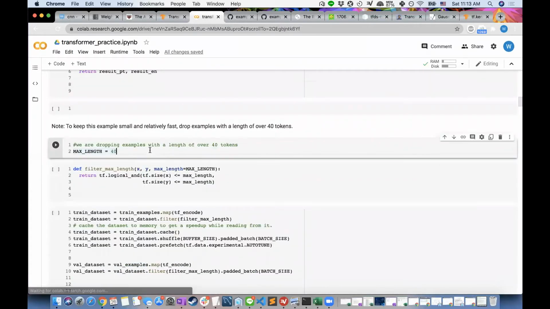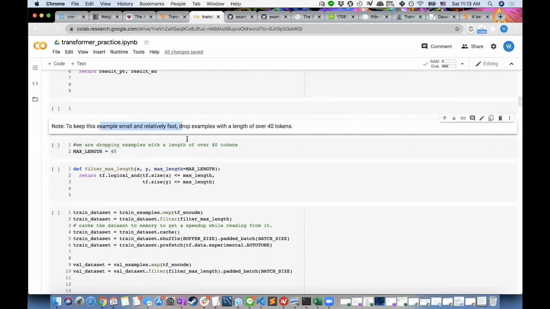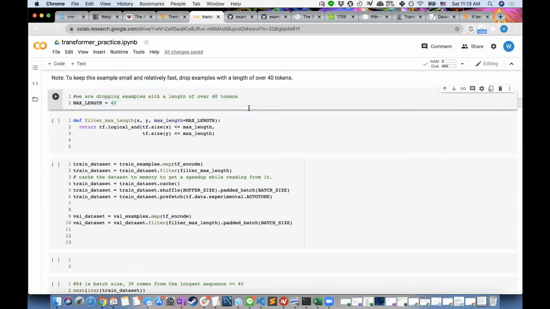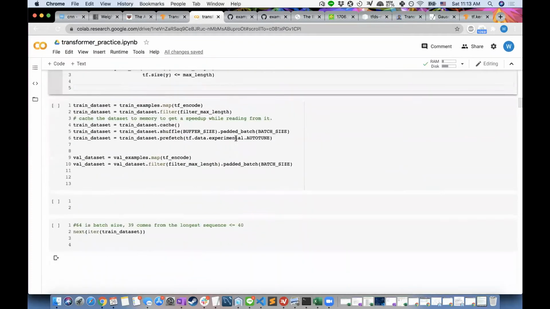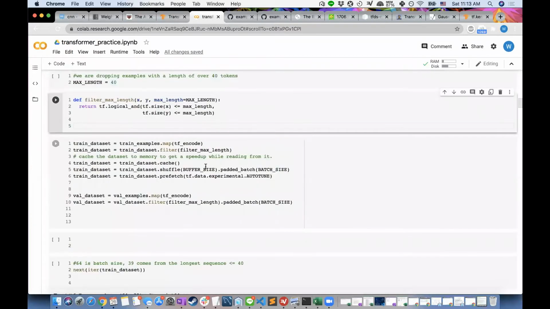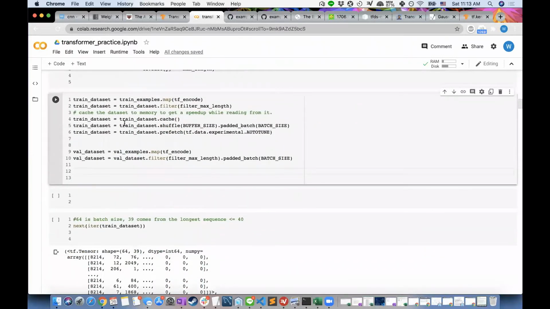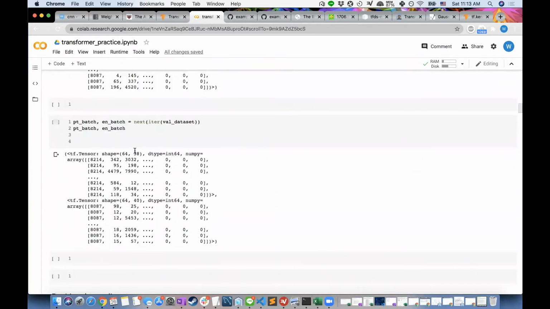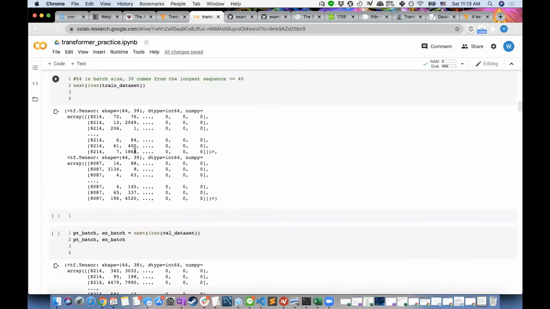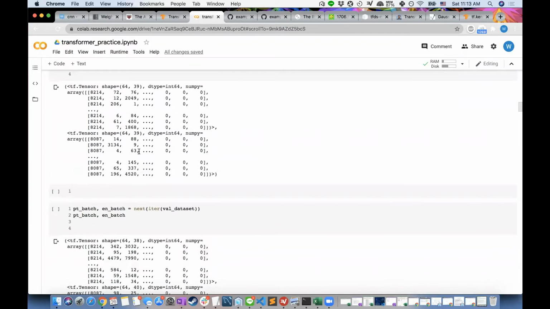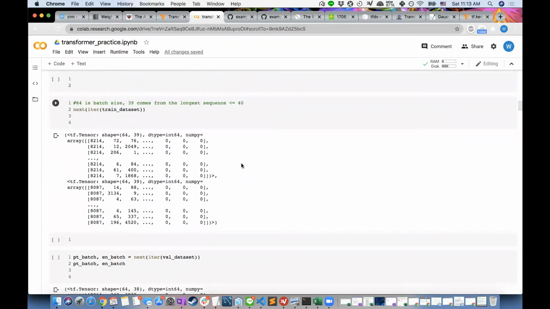Filtering out, for the sake of the example, the notebook filters out the examples with a length of over 40 tokens. So they're basically building a function for that, and preparing your data sets, training data sets, validation data sets. And each of your... Wenchang? Yep.